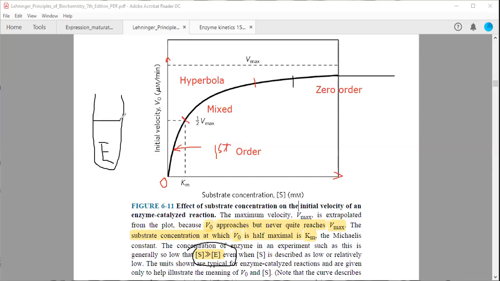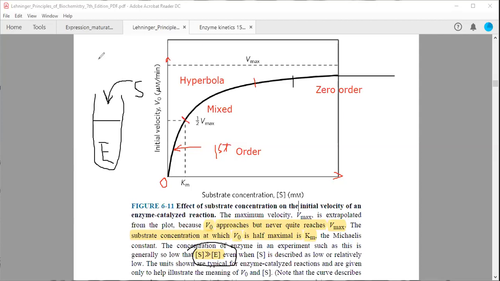And then at some time you are adding the substrate to this same test tube. Now you are adding the substrate concentration much higher than the enzyme which is present in the test tube. Okay, so when you are adding the substrate to the enzyme solution, you are taking this time point as zero.